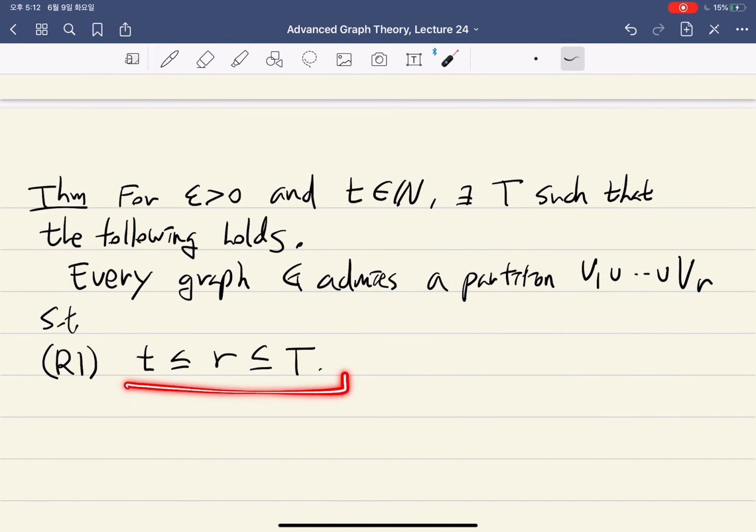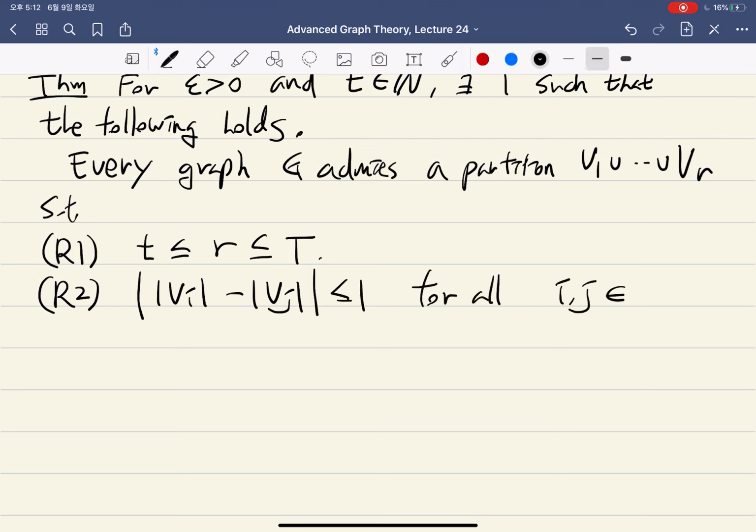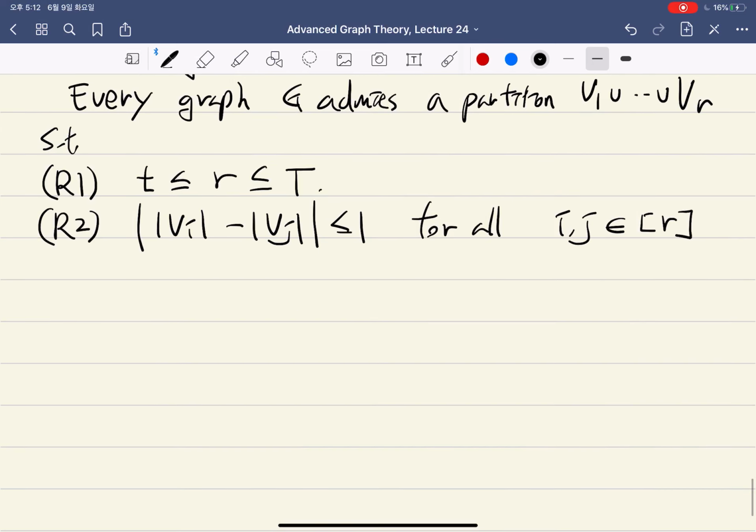And moreover, we can ensure that the number of parts is not too small. And we can also ensure that each Vi and each Vj have almost the same size. We call such a partition an equitable partition, if every set in the partition has almost the same size, with difference at most 1.